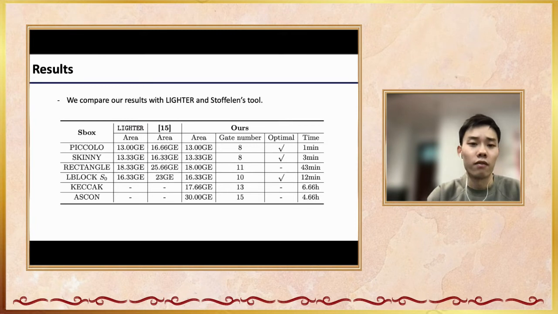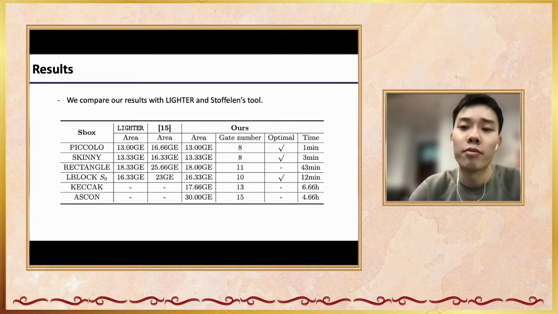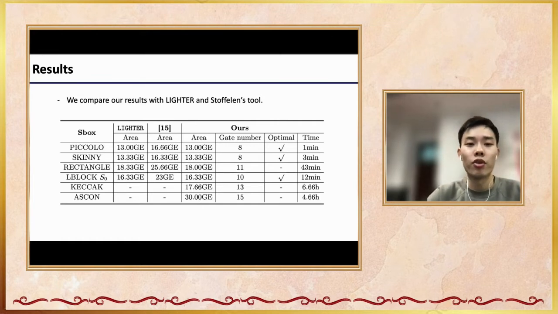And we can verify that the circuits of the Piccolo, SKINNY, and LBlock S-boxes have the optimal area costs under the 2, 3, and 4 input gates which we considered. In addition, due to the bitslice technique, our model is also useful in finding implementations of 5-bit S-boxes, such as Keccak and Ascon.